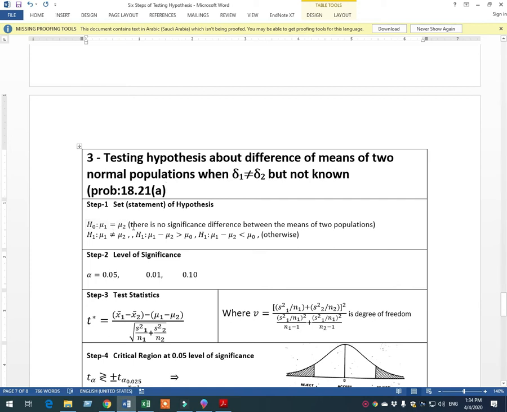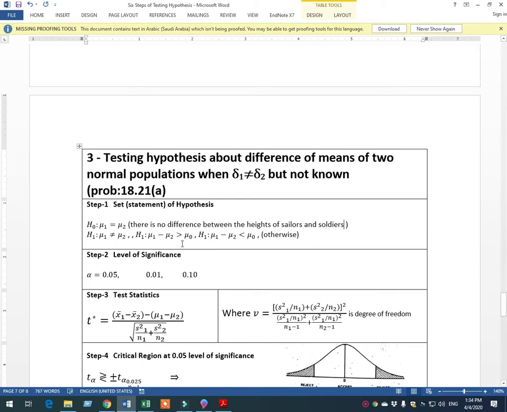So first of all, I would be setting the statement. There is no difference between the heights of sailors and soldiers.